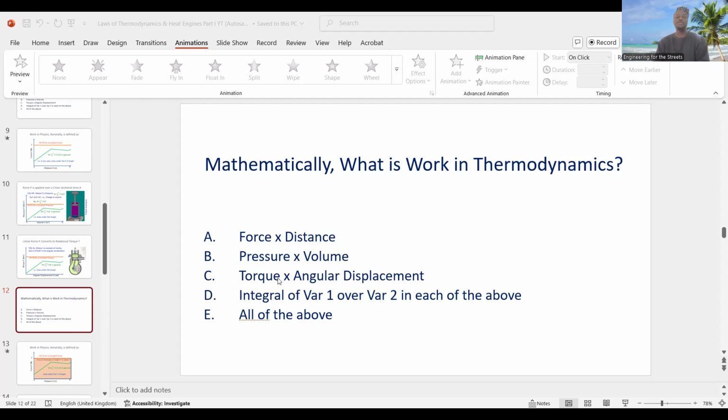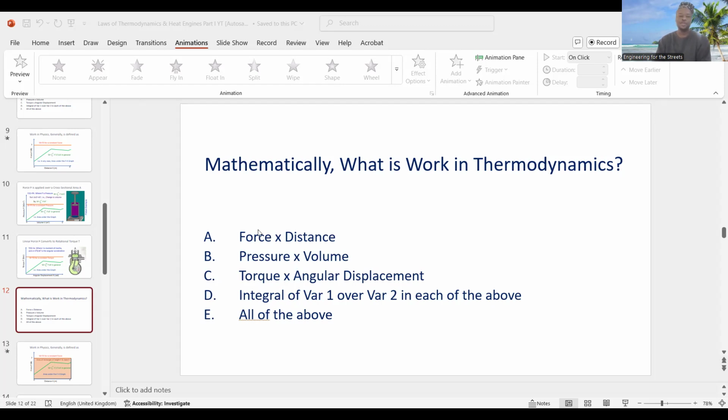Then we also were able to show that torque times angular displacement is also a correct definition for work when we are concerned with rotational motion for a constant torque. And then we're able to also show through various graphical means that the integral of any of the first variables over the second variable is actually the general definition of work.